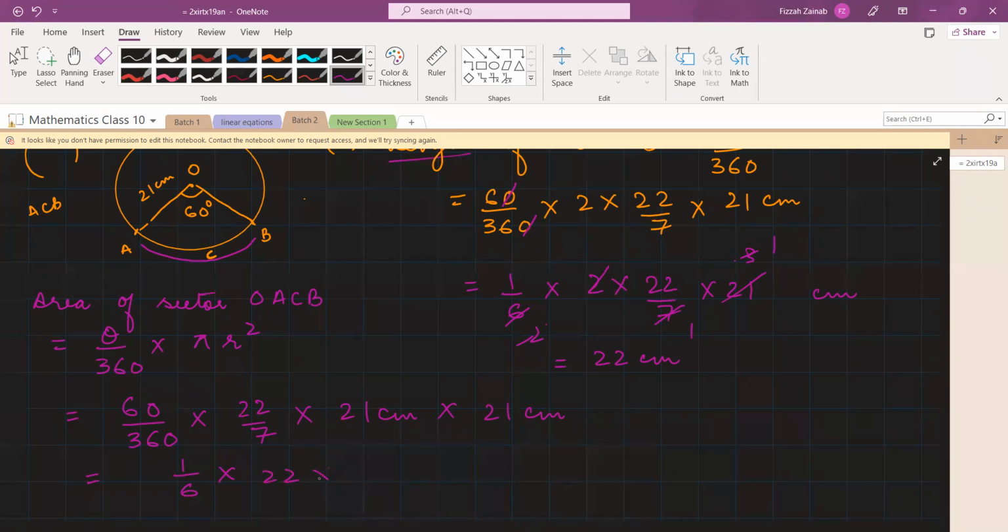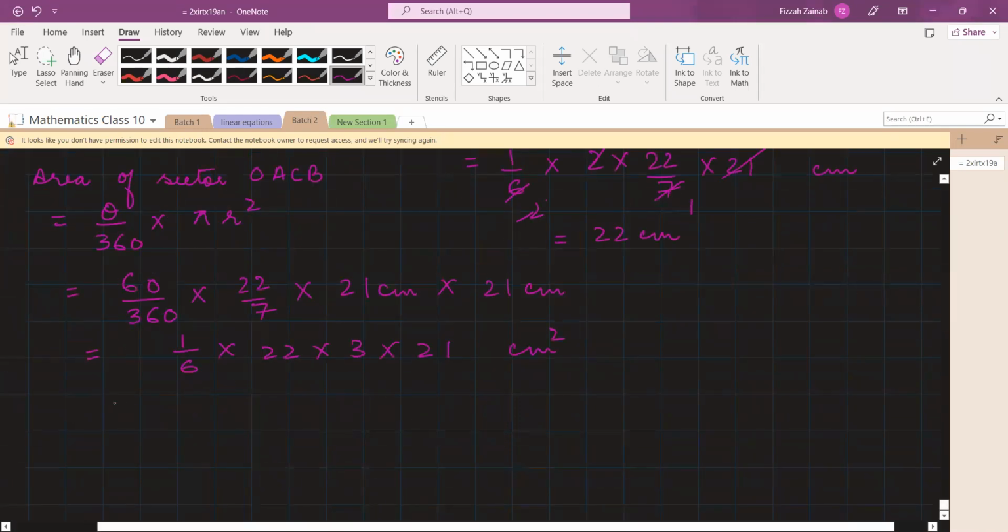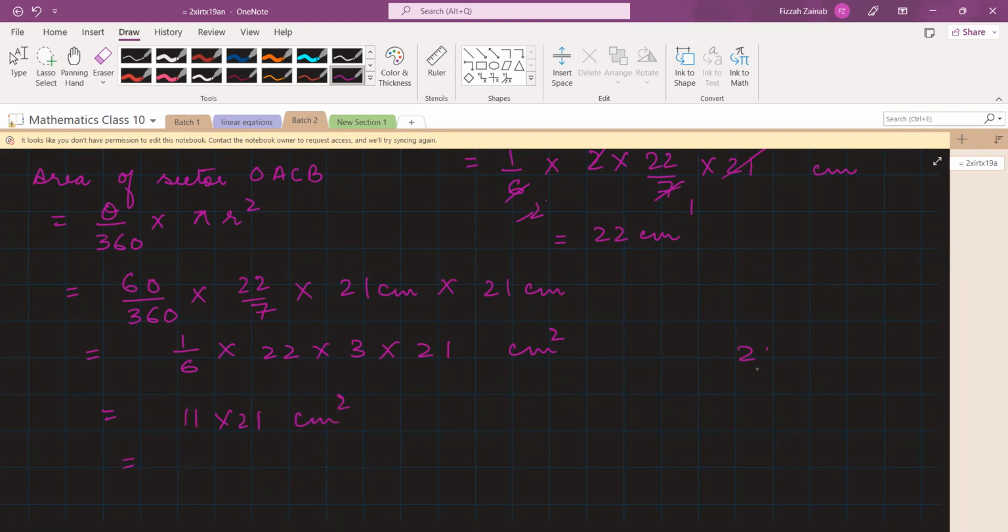So 22 into 3 into 21 and then centimeter square it will become. I can divide by 3 now. So 3 into 2 and then this becomes 11. So ultimately you have 11 into 21 centimeter square, which you can multiply. So 231 centimeter square.